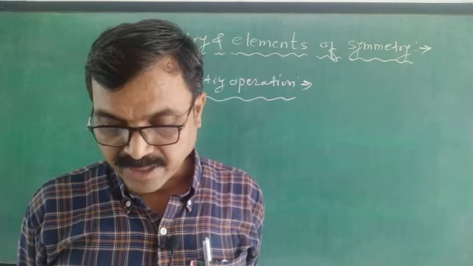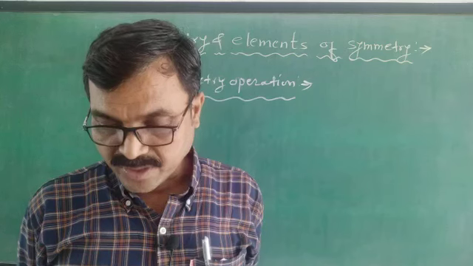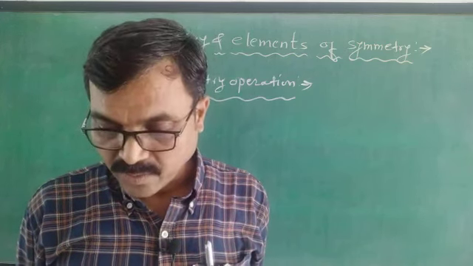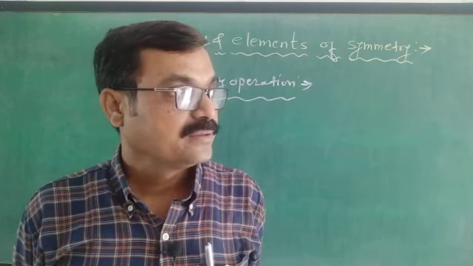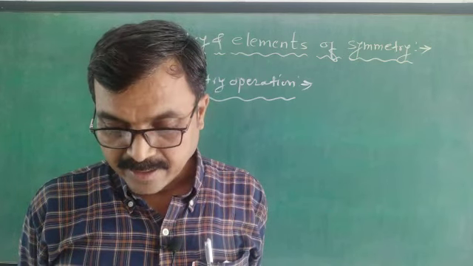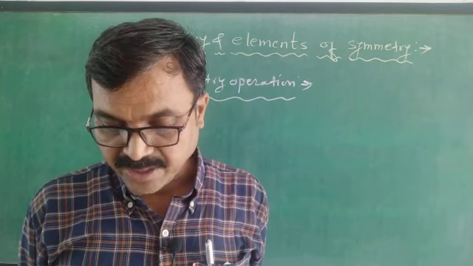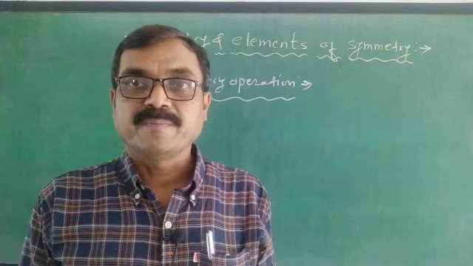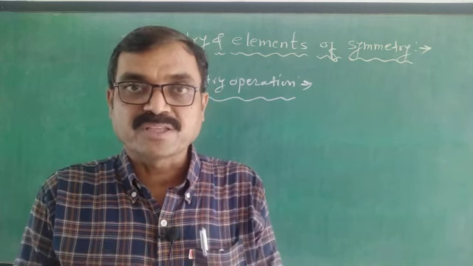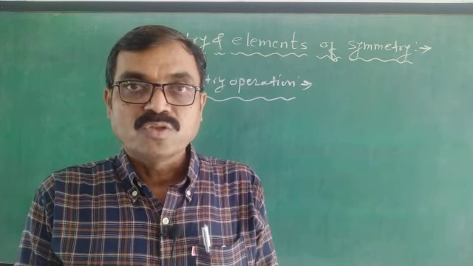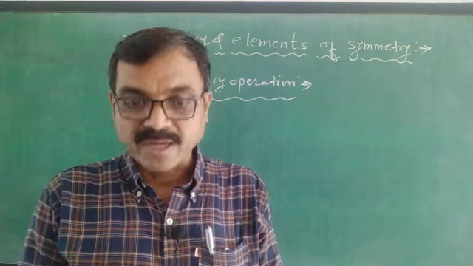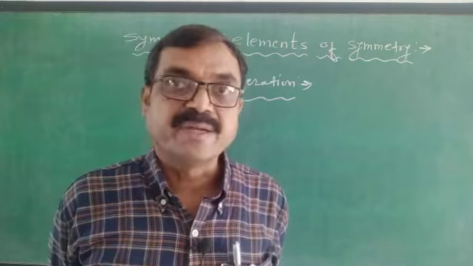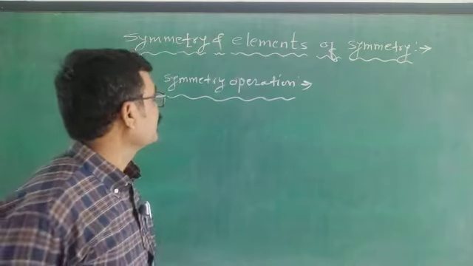The given structure is said to have symmetry with respect to some operation or process which is carried out on it, and that structure is reproduced. कोई भी स्ट्रक्चर पे एक ऑपरेशन या प्रोसेस करके वो स्ट्रक्चर को रिप्रोड्यूस करना, that process is known as symmetry operation. Are you getting it clear?